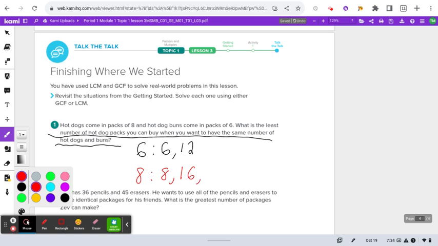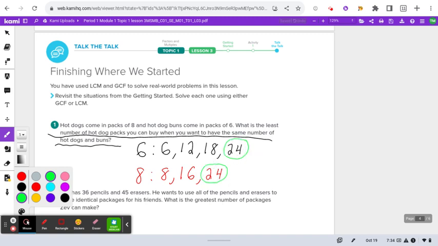And then 8 times 3 is 24. And once again, my number is quite a bit bigger here. So I'm going to go back up to the 6 and do some more of the 6s. So I was at 6 times 2, now 6 times 3, and then 6 times 4. So now we have our least common multiple, which would be 24.